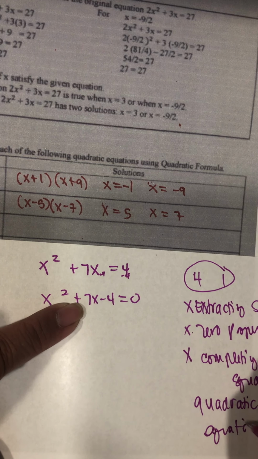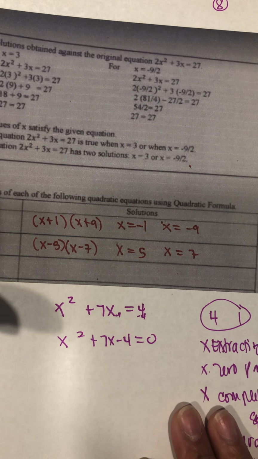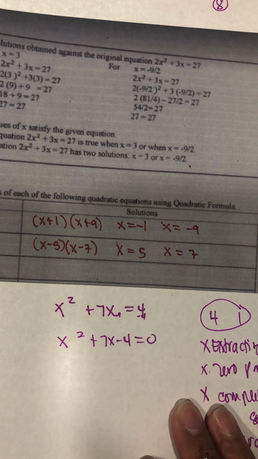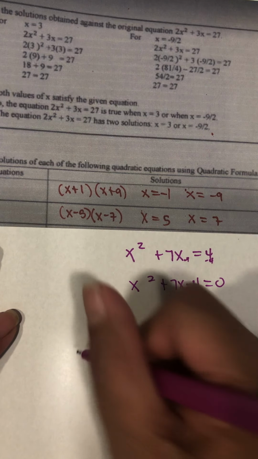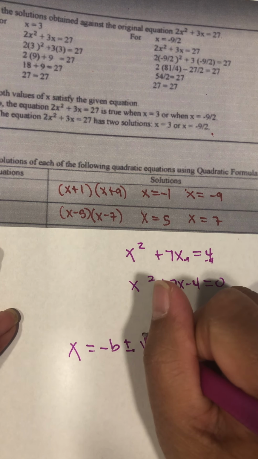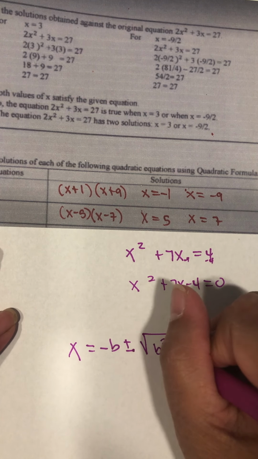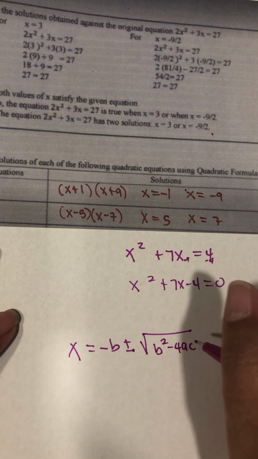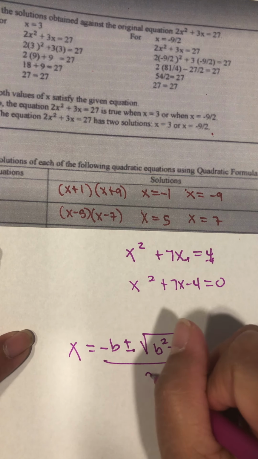So now your quadratic equation is very easy because you just have to follow the quadratic formula, which is x equals negative b plus or minus the square root of b squared minus 4ac, all over 2a.